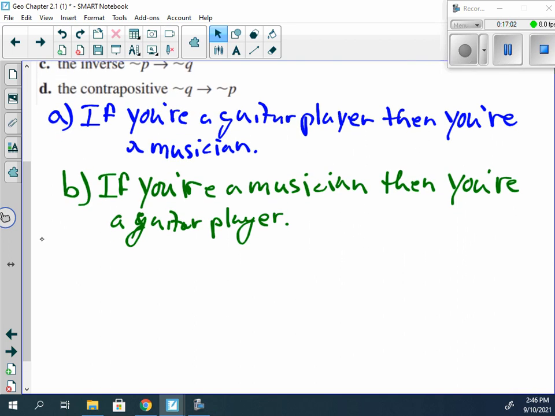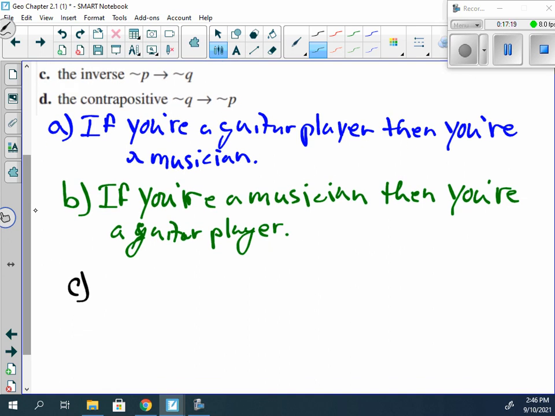So we have the conditional and the converse. Any questions about the conditional or converse so far? Because the converse is just flipping. Now the inverse is the same as the conditional statement, but we negate both.